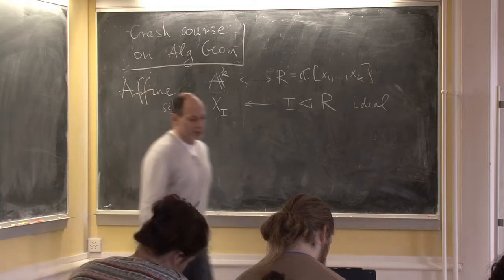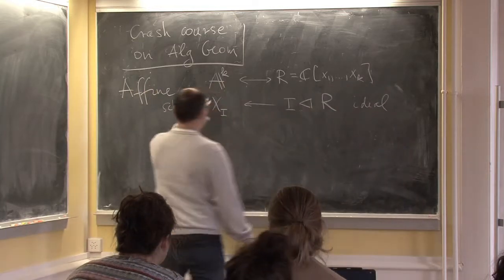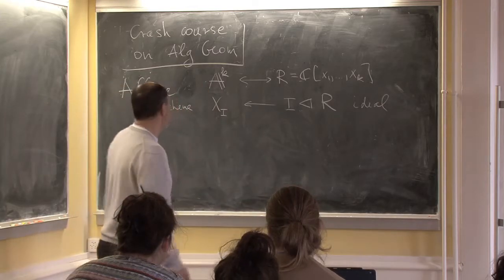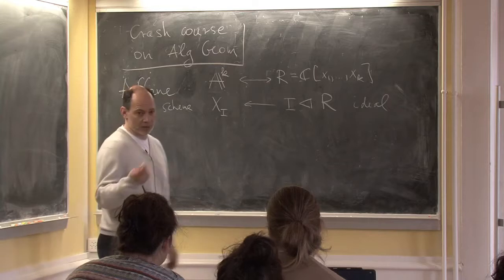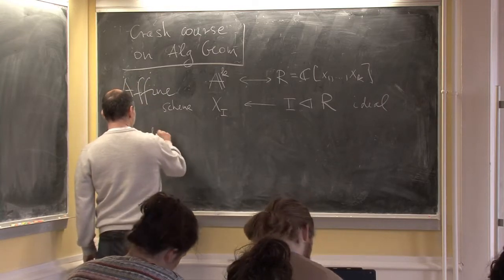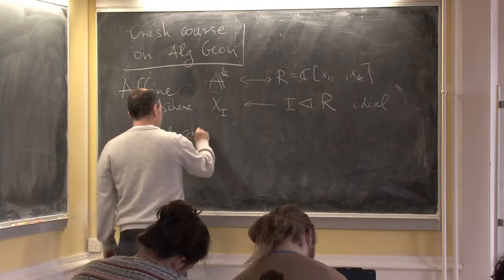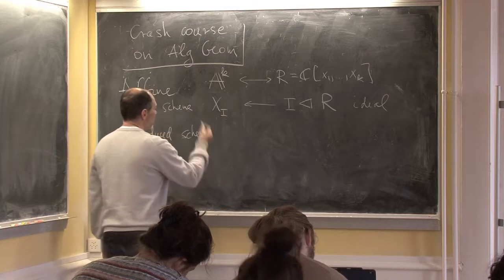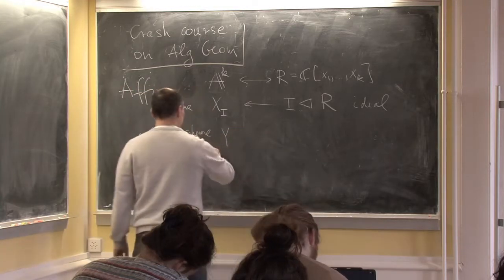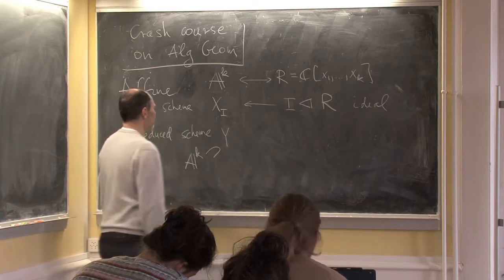Now, the first important thing is that this is not really a subset here. If we really want subsets, then we have to go into this story of being reduced. So a reduced scheme really is a subset, so we can think of this as a subset here.